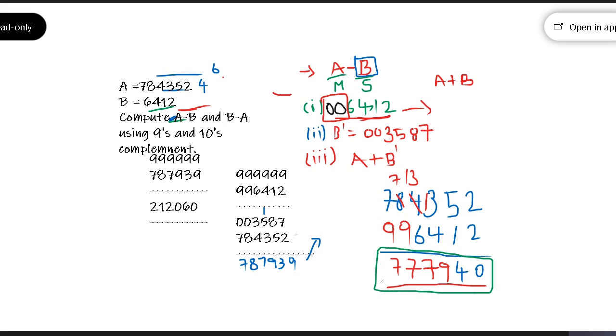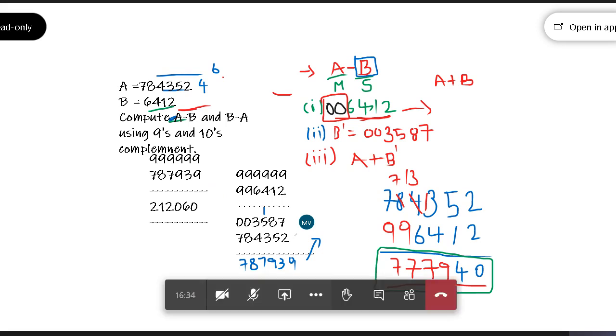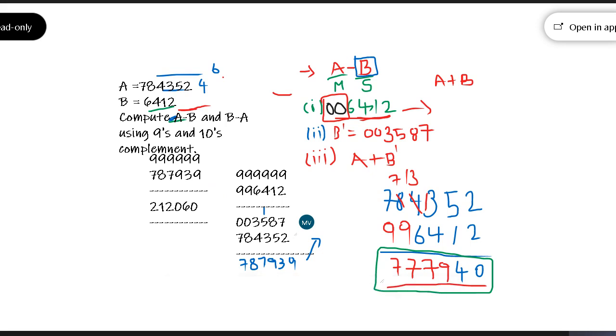Then I subtract 6412 from 0 0, and I'll get 9 9. Got it?